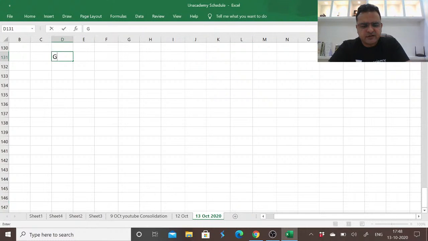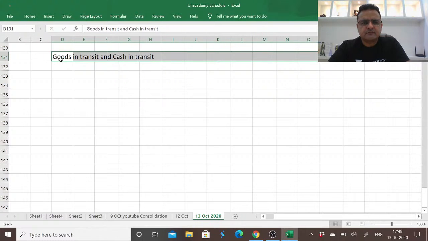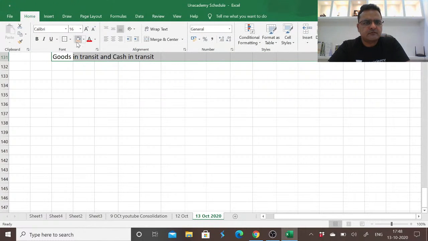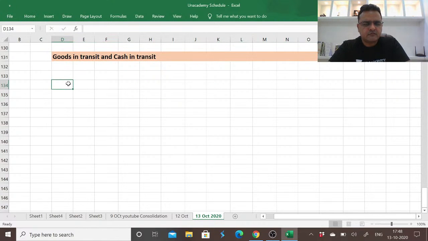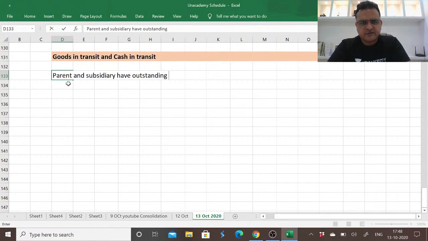Dealing with goods in transit and cash in transit. Parent and subsidiary have outstanding balances against each other.